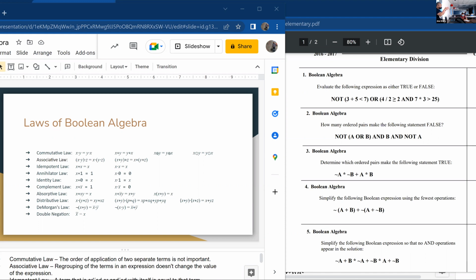You have combinations of A and B: 0,0, 0,1, 1,0, 1,1. That's all the combinations. There's no true or false in here, because you have to look at these as variables, A or B.